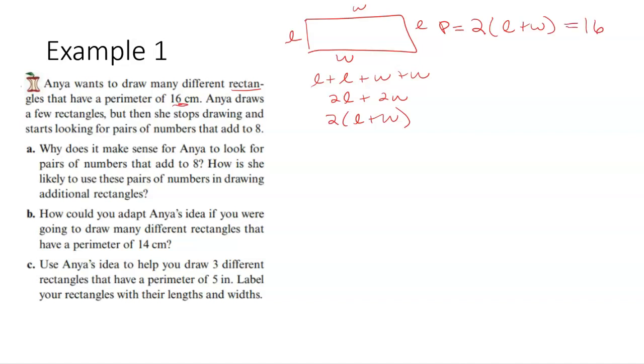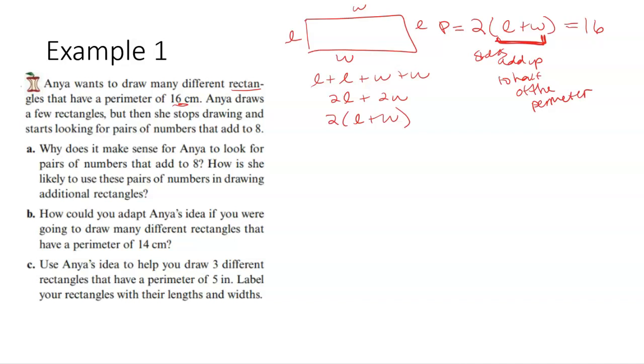So she's trying to say, okay, if I can find side lengths that add up to half of the perimeter, then I'm going to get it. She wants sides that add up to half of the perimeter. And that's where she came up with that 8.